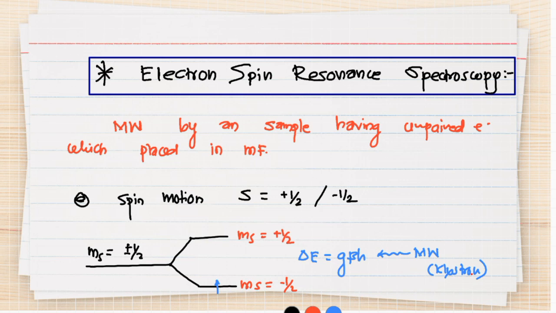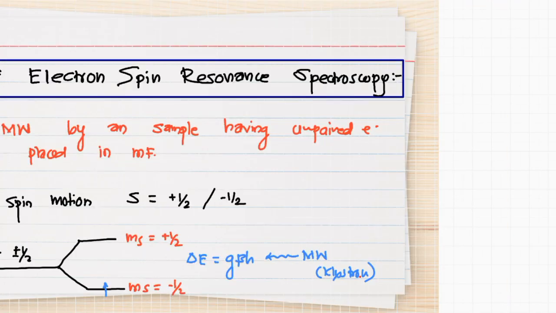The selection rule is delta Ms equal to plus minus 1.